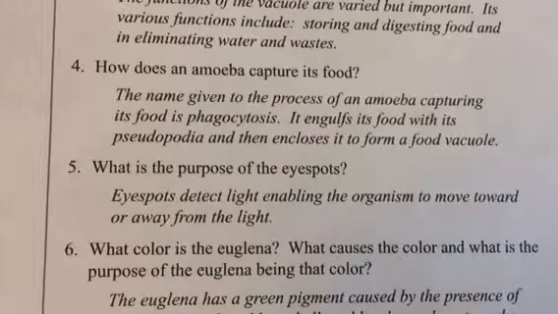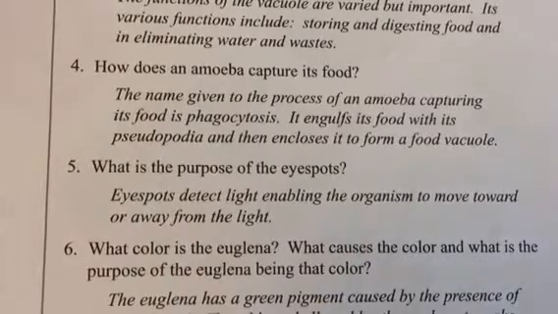Number 4. How does an amoeba capture its food? It captures its food by phagocytosis, which is the same way our white blood cells capture bacteria in our system. It engulfs the food and then encloses it into a food vacuole. There was actually a video on an amoeba eating, but it takes so long.